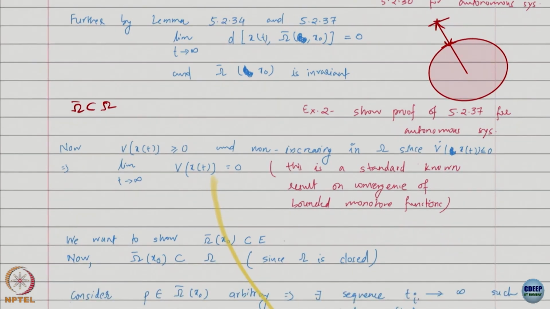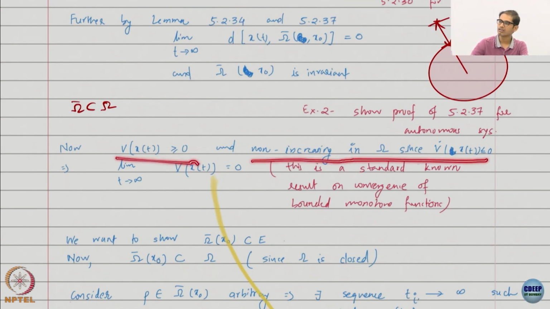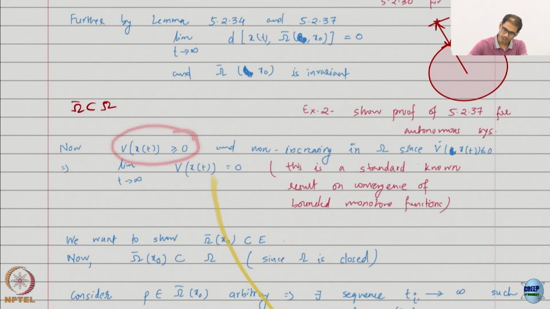Now we use a result called the monotone convergence theorem. This I discussed in adaptive control, but I have not discussed it here. It basically says that if a function is lower bounded and non-increasing, just like our V function is lower bounded by 0 and non-increasing, just by our LaSalle invariance assumptions, then the function has a limit as t goes to infinity.